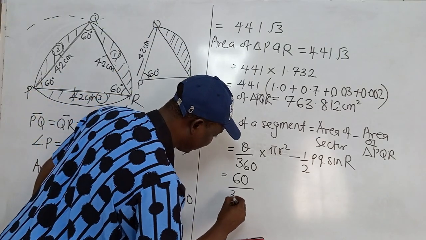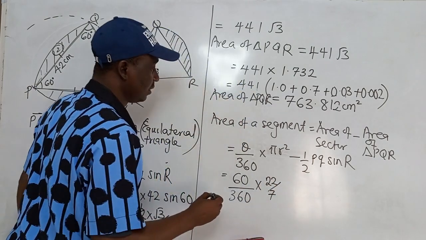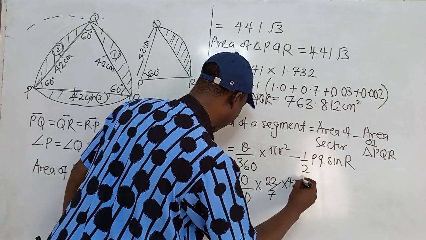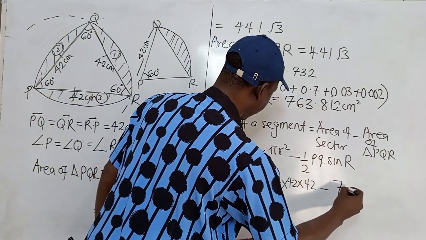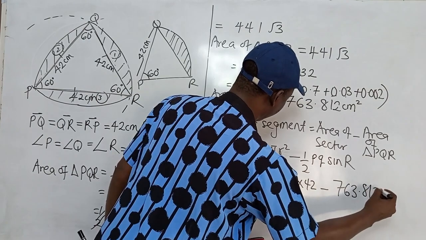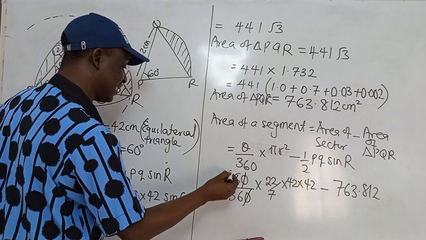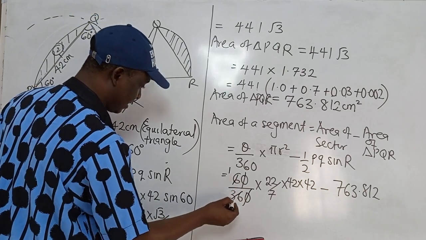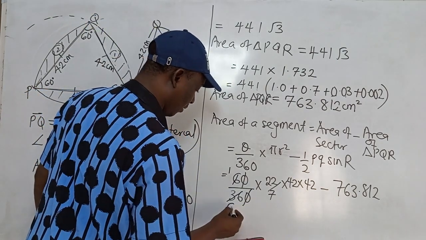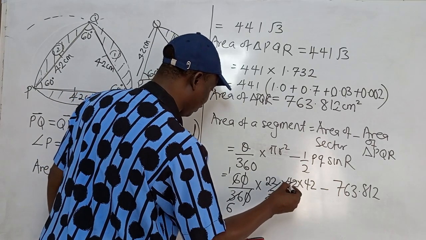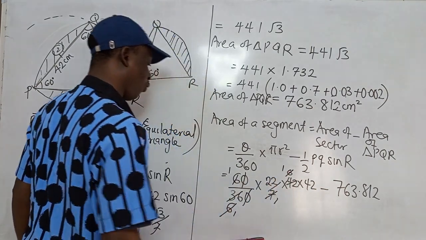So what I'm going to have now is 60 over 360 times 22 over 7, which is pi, times 42 times 42, minus the triangle area. We have solved that one before: 763.812. So now I cancel this: 6 in 36 is 6, then 7 in 42 is 6, this one cancels, and we have 1.